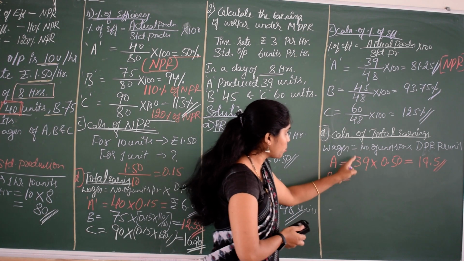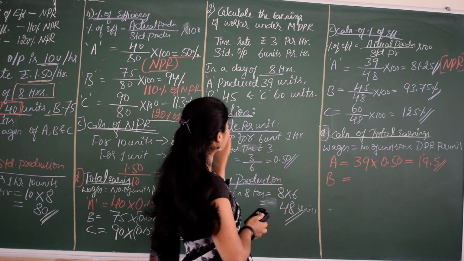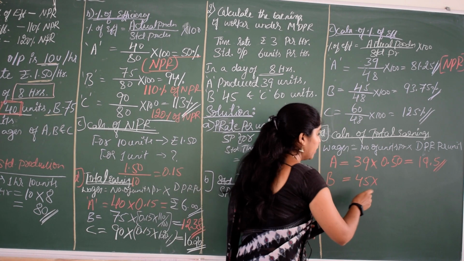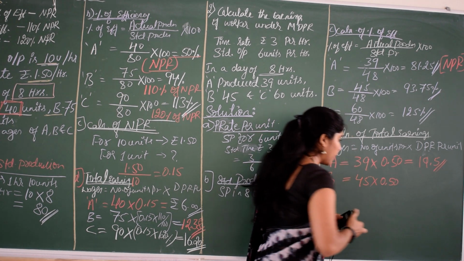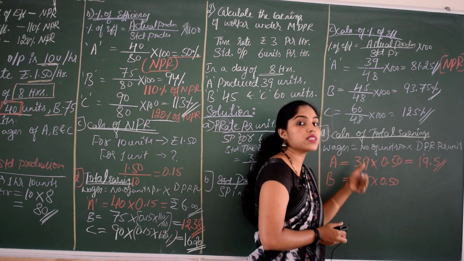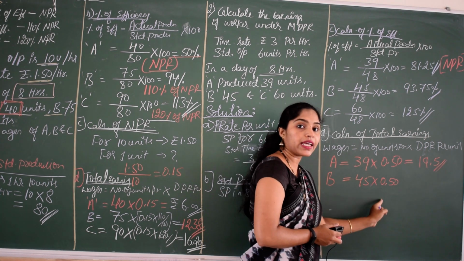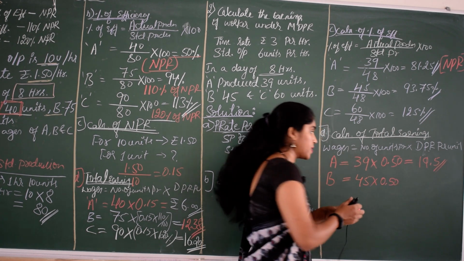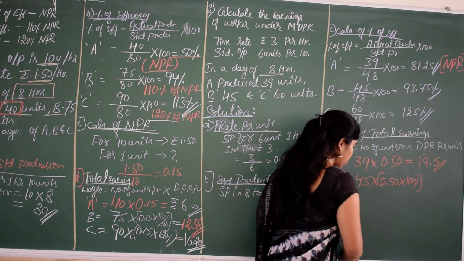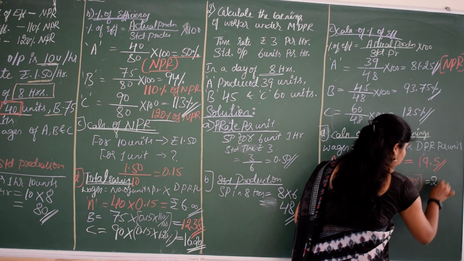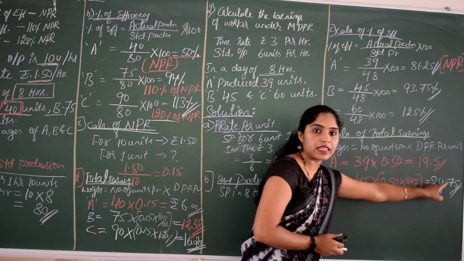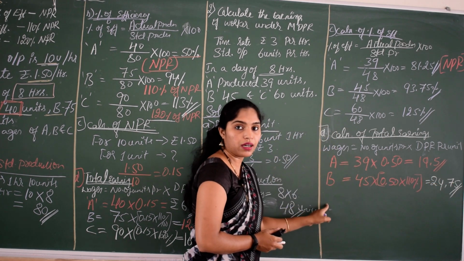B is going to produce 45 units, so take 45 units into 110% of 50 paise. If you do this, you are going to get rupees 24.75.